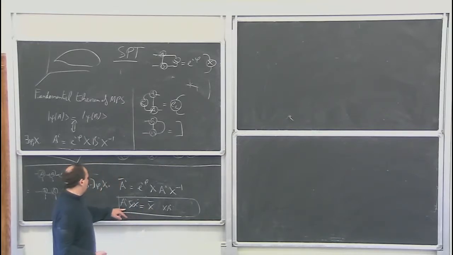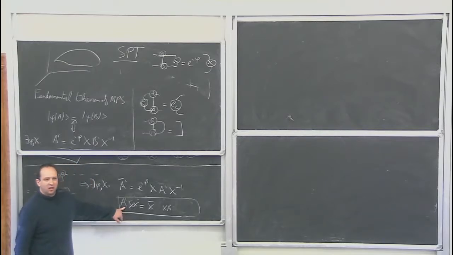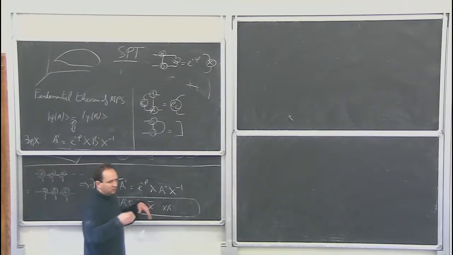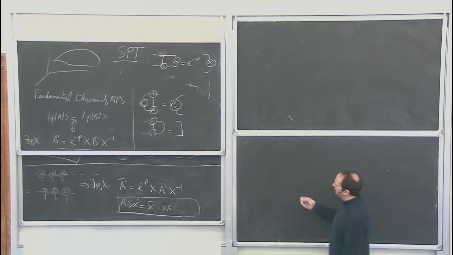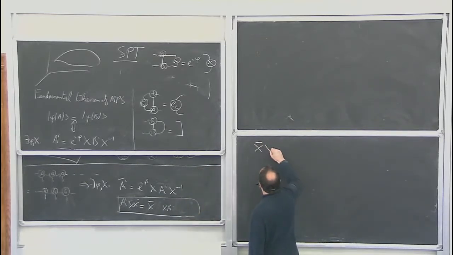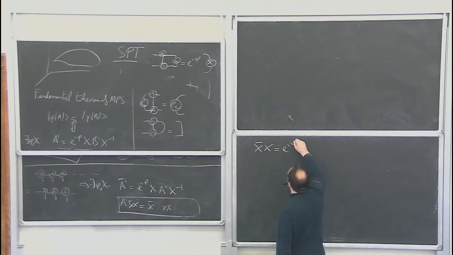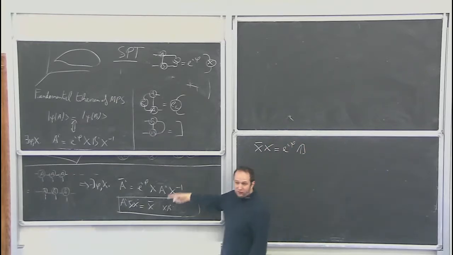So the only operator that commutes with all your matrices A^i must be proportional to the identity. That follows from the Frobenius theorem and is actually easy to prove. That means that x̄ x has to be proportional to the identity.